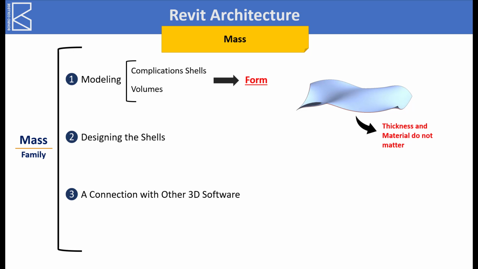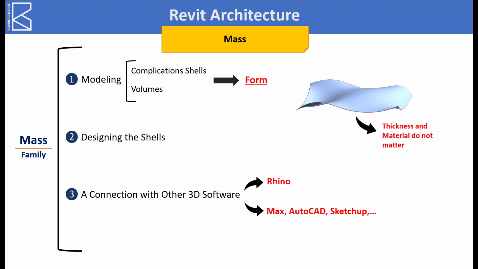In these kinds of situations, you can use other 3D softwares, of which the best one, I can say, would have to be Rhino. The best software that works with Revit in mass is Rhino, but it works with other softwares like Max, CAD, SketchUp, and so it works with all of them.